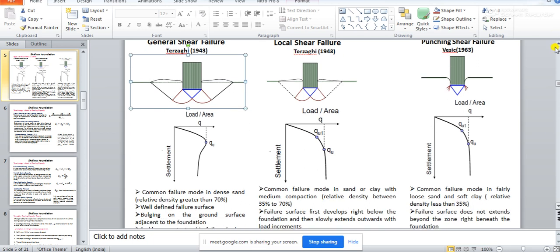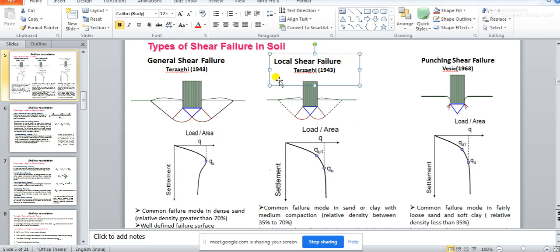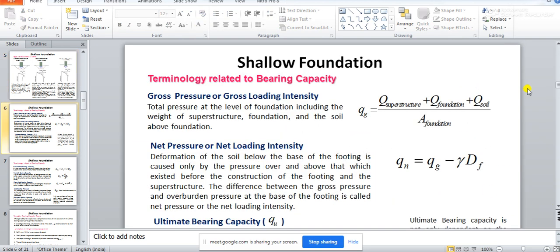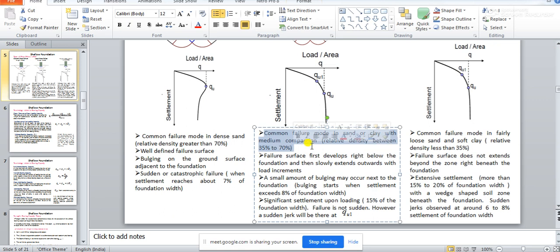While considering general shear failure, Terzaghi has defined local shear failure also, and according to his observation, the local shear failure is common for soil where the relative density is between 35 to 70%.